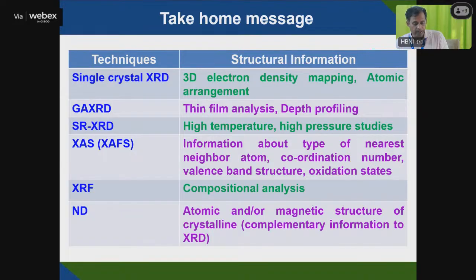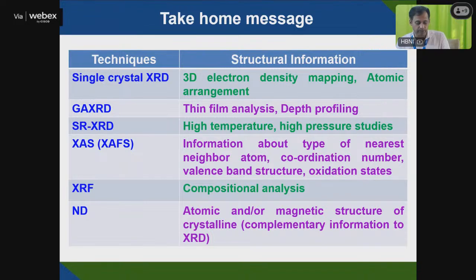So this is what I have discussed so far. In earlier classes I discussed all the XRD based techniques: single crystal XRD, grazing angle XRD, synchrotron XRD, and then XANES and EXAFS, both of which I have discussed. Single crystal XRD gives 3D electron density mapping and atomic arrangement. For thin film XRD or depth profiling you do grazing angle XRD.